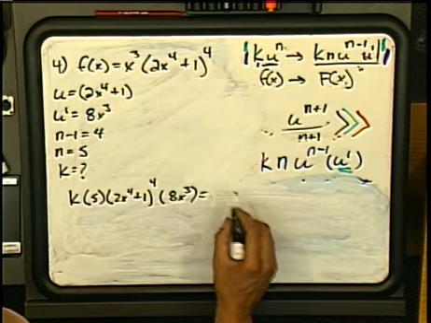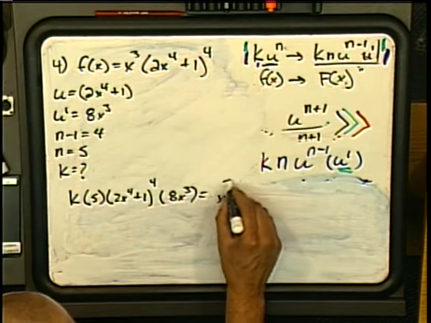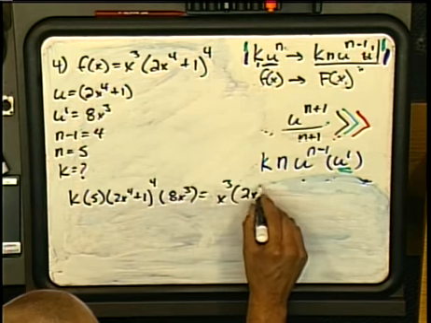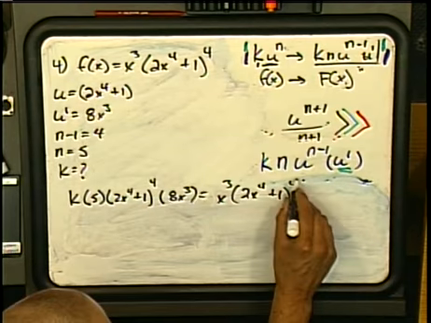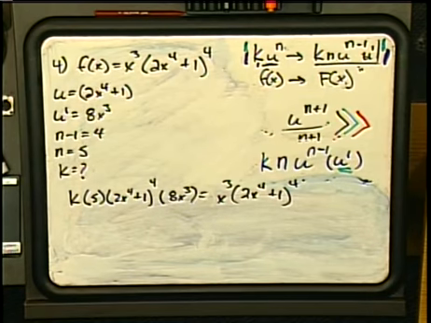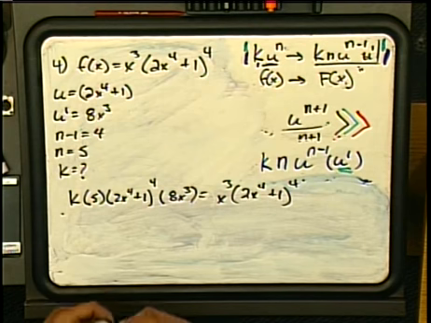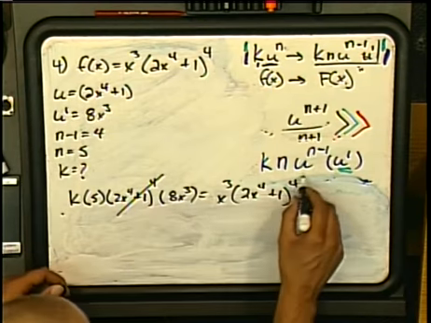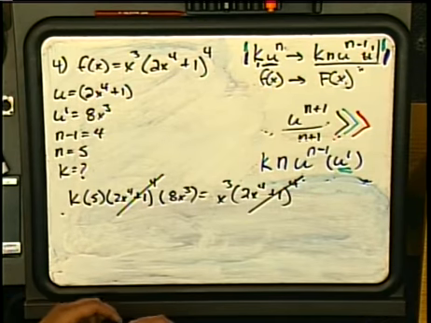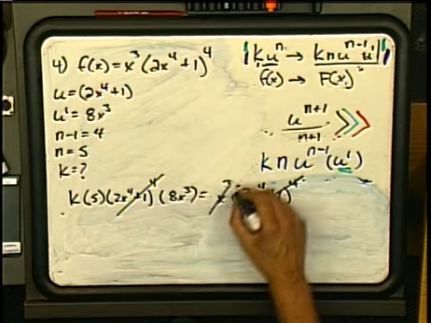And all that equals the function. And look for find K. So these will cancel. X cubed will cancel.